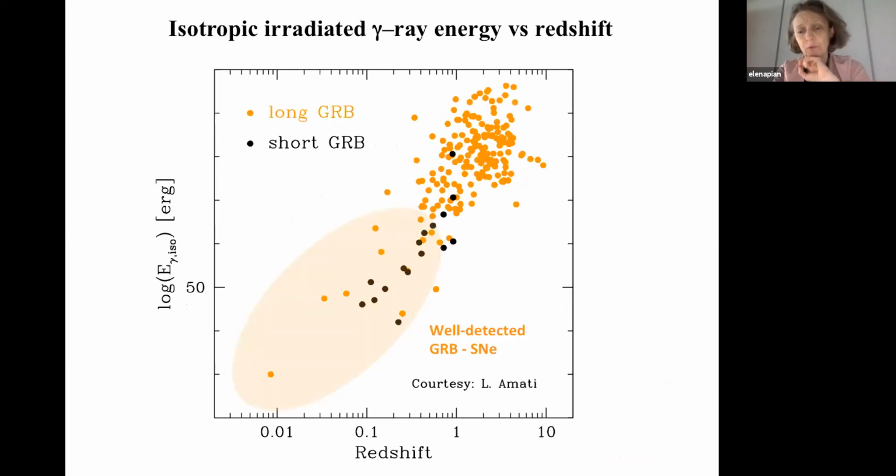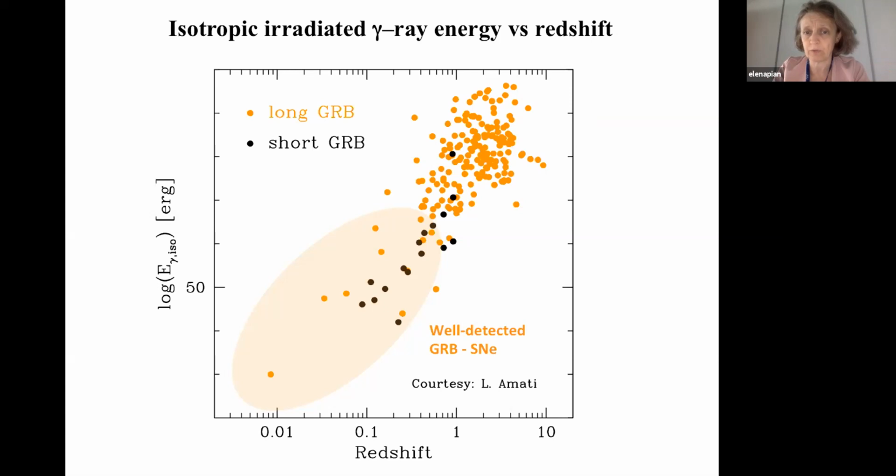Here you see a view graph of the isotropic energy of gamma ray bursts, both short and long, as a function of redshift. The shaded orange area indicates roughly the subset of gamma ray bursts we will be concerned with, meaning long gamma ray bursts at low redshifts, because those are the gamma ray bursts where the supernova can be studied best, most accurately.